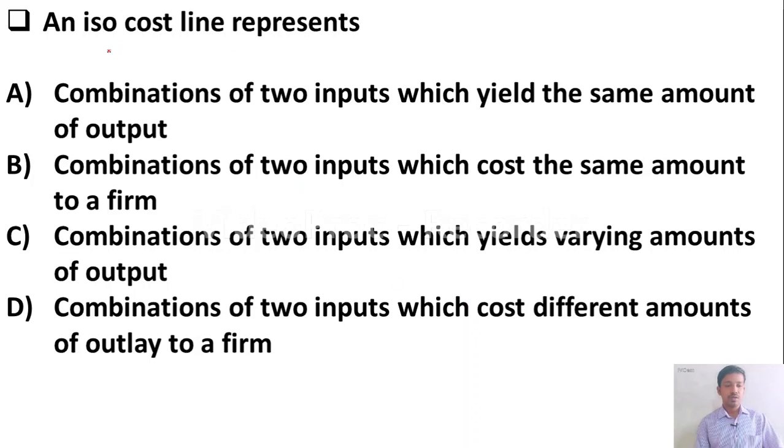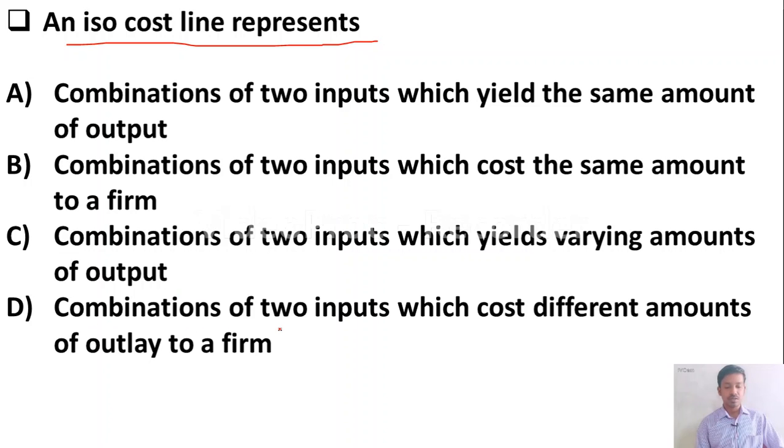The next question: an isocost line represents option A, combinations of two inputs which yield the same amount of output. Option B, combinations of two inputs which cost the same amount to a firm. Option C, combinations of two inputs which yield varying amounts of output.